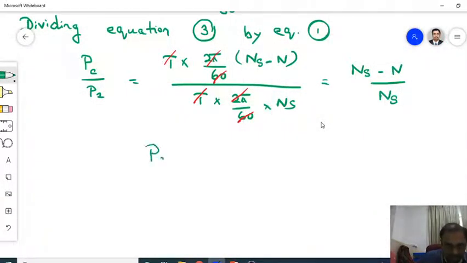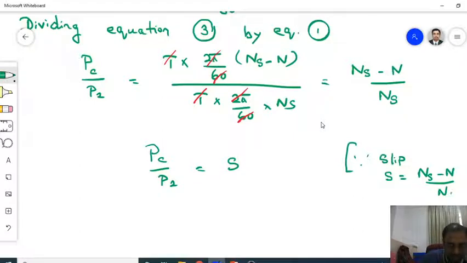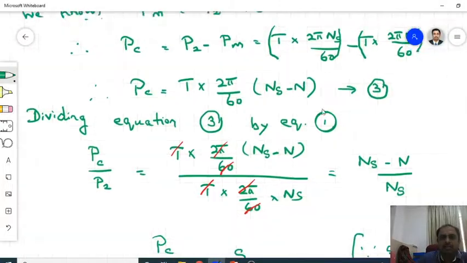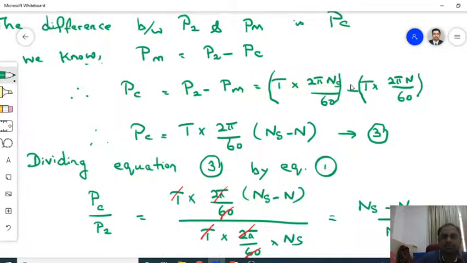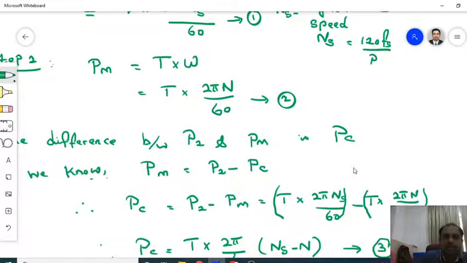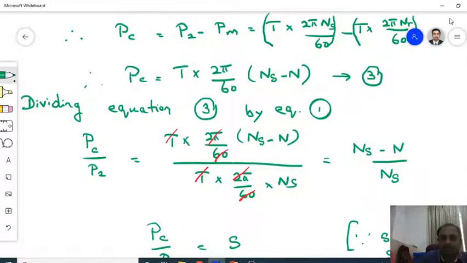We know that Ns minus N by Ns is nothing but slip. S equal to Ns minus N by Ns. This Ns we can put as Nr also, because it is a rotor.